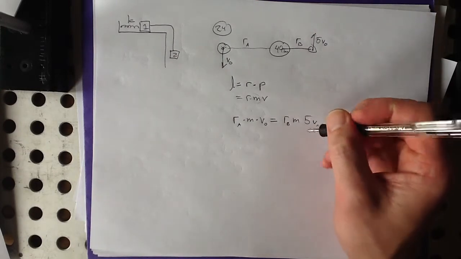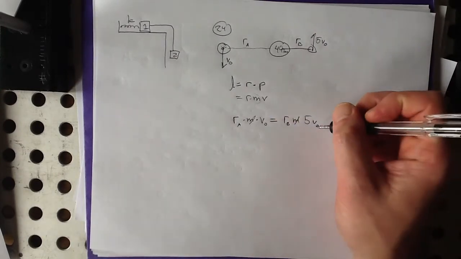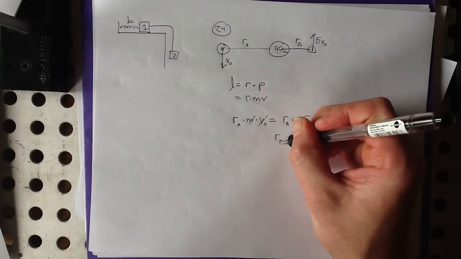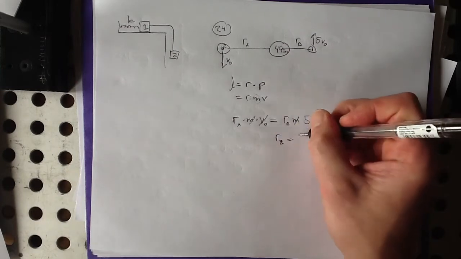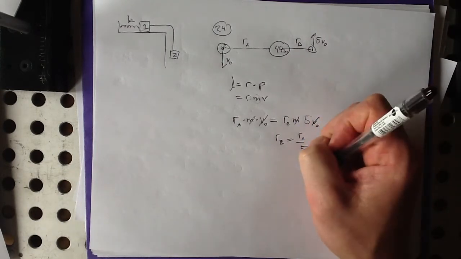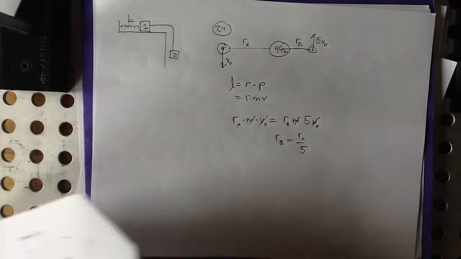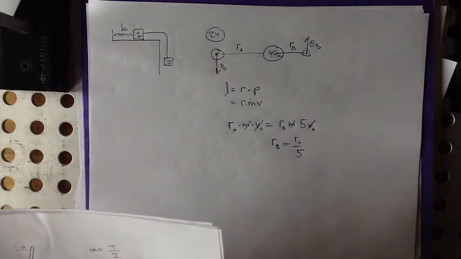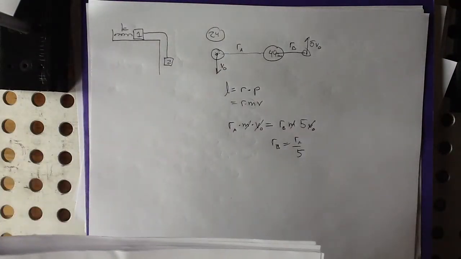The m's cancel out, the v sub 0s cancel out. So R sub B is equal to R sub A over 5, or 1/5 R sub A. And that's right here. If you use that concept, it gets you there pretty quickly.